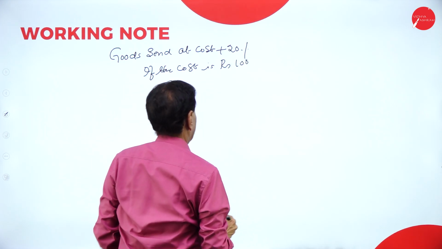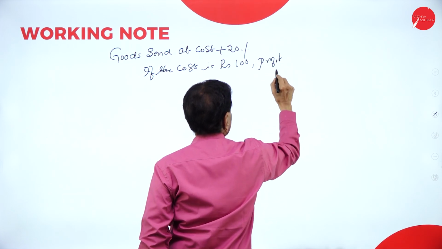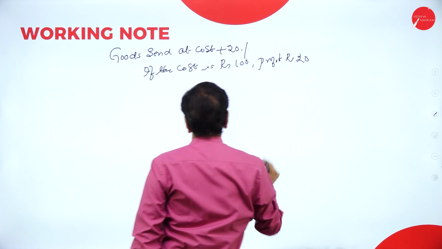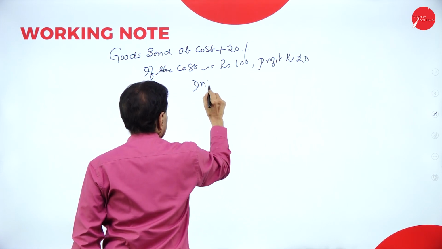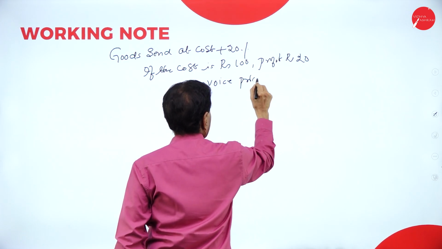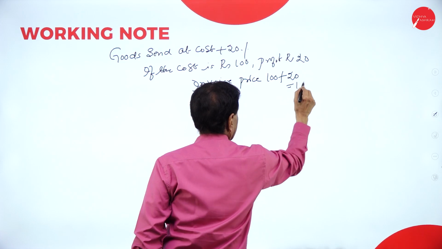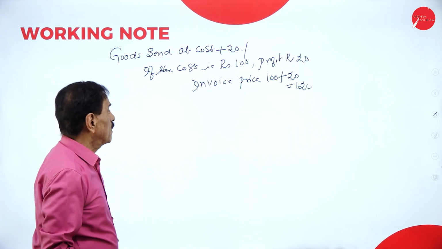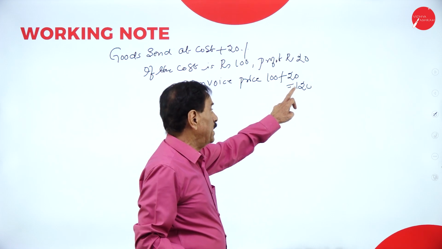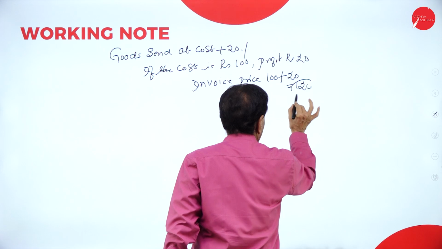If the cost is rupees 100, profit is rupees 20, invoice price 100 plus 20 is 120. So here goods are sent: the cost price is 100, 20 is the profit, 120 is the invoice price.